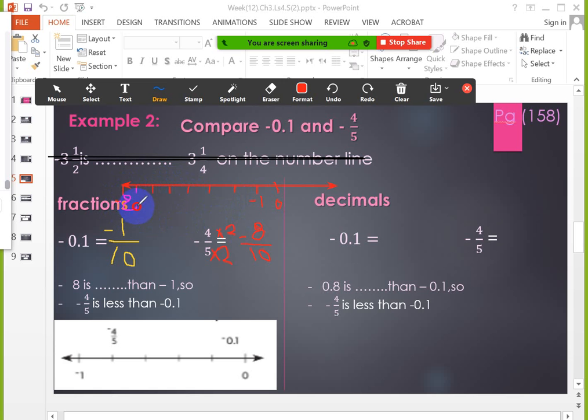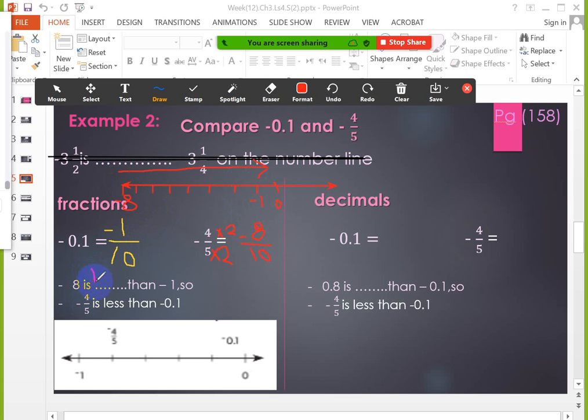Which one is the greater, and which one is the less? Okay, girls, I think here, look, -8 is less than -1, because this is the direction that we have to follow all the time. This is the direction for the greatness. That means -8 is less than -1.